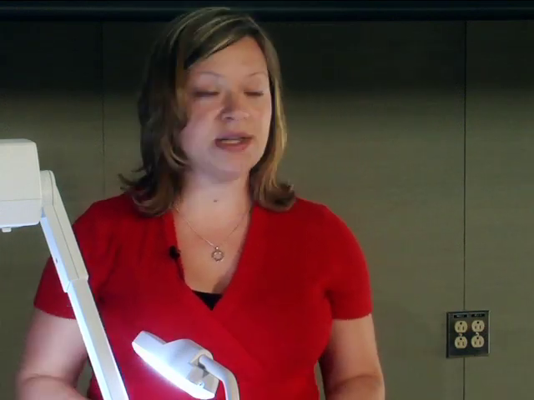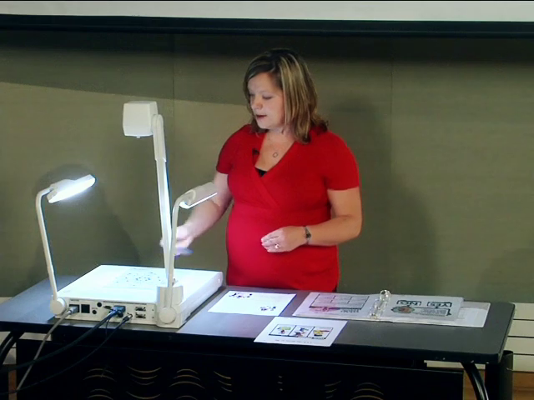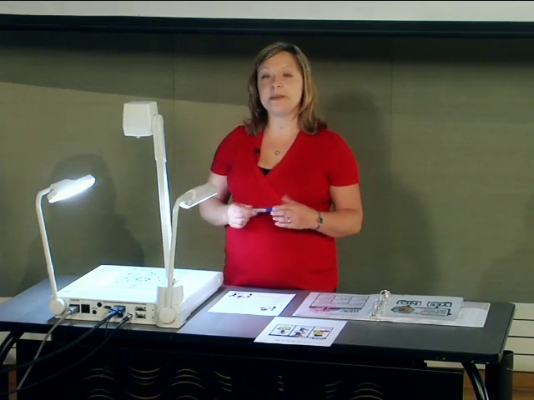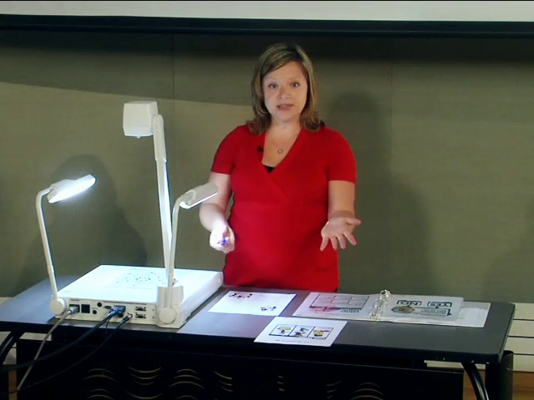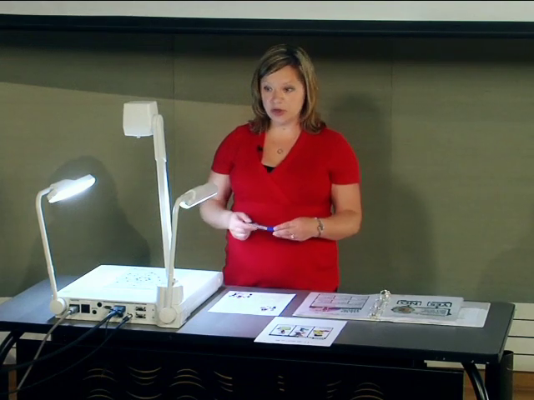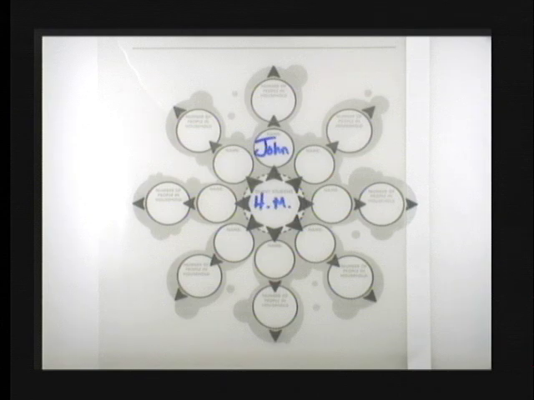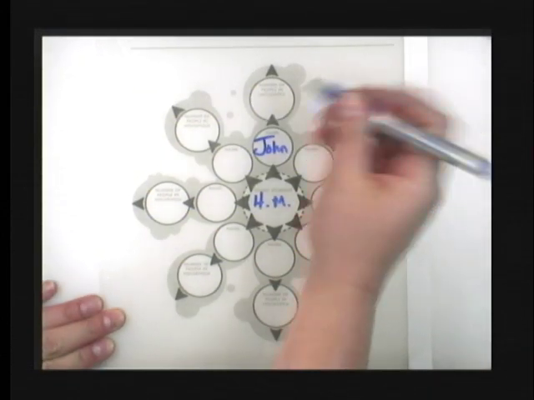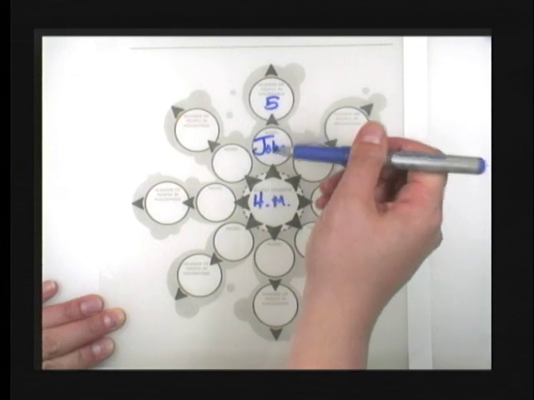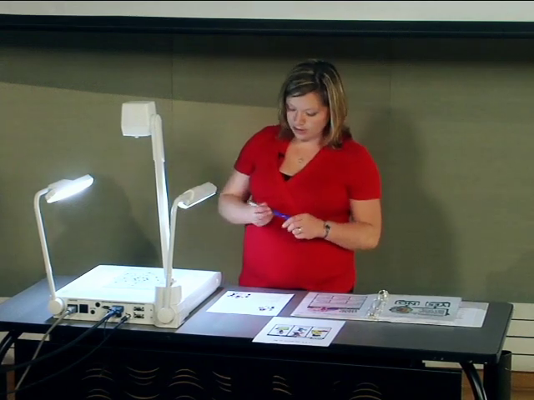So John has just potentially been infected by Hannah Montana. And the next question is, how many people live in John's house? So I would ask John, how many people live with you at home? And if he said, I have 5 people other than myself, then in the bubble above John's name, I'm going to put 5. So John plus 5 other people makes 6 people total.